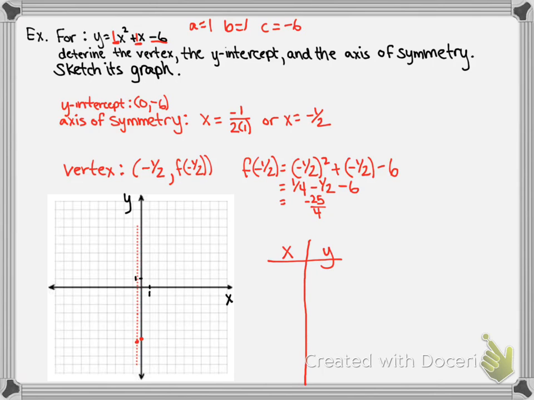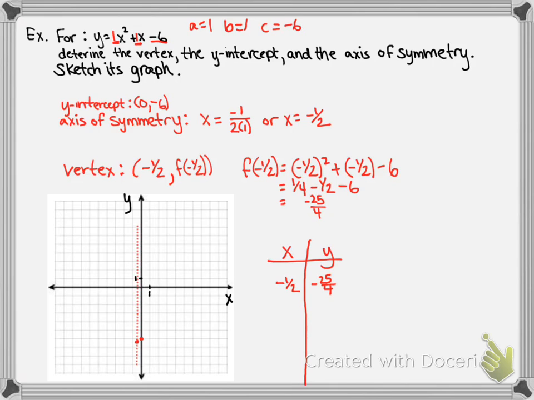Now let's create a table to get some more values to continue looking at the shape of this graph. Just like when we had vertex form, I have my vertex first.